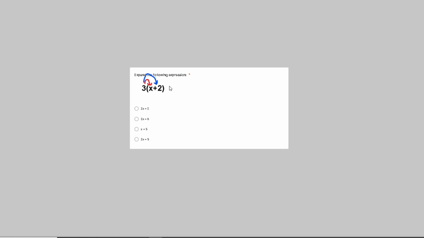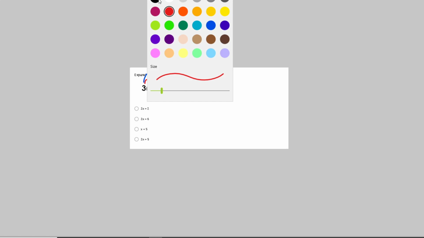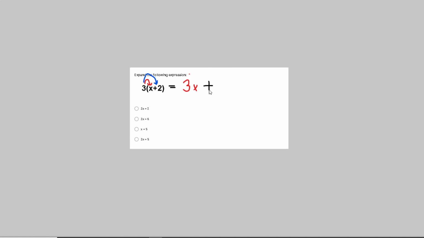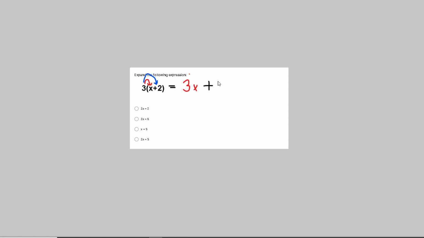So this is going to be equal to 3 times x. Well, 3 times x is just 3x, plus, and we still have that plus sign, and then we're doing 3 times 2. 3 times 2 is 6. So you get 3x plus 6.